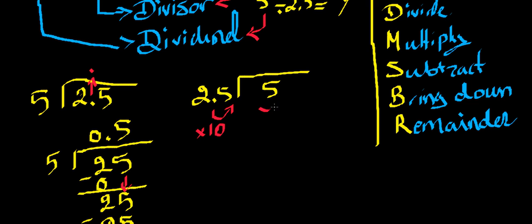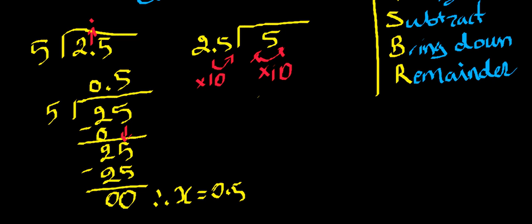So 5 would be times 10 as well. So if I were to rewrite this again, I'm just going to shift it over here. Rewrite this again, it would be 50, because 5 times 10 is 50, and 2.5 times 10 is 25.